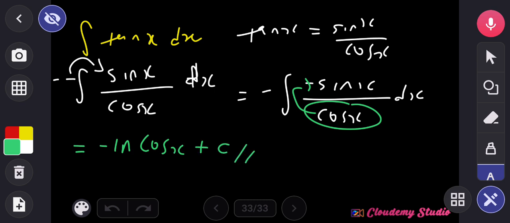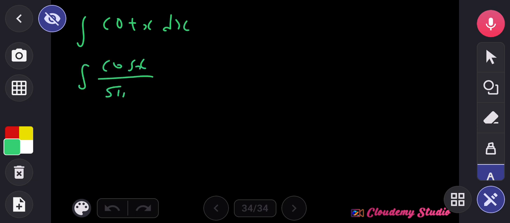So if they ask you to integrate cot x dx, cot x is the same thing as cos x over sin x. If you differentiate sin x, you are going to have cos x, which means your answer is ln of sin x plus c. You understand?